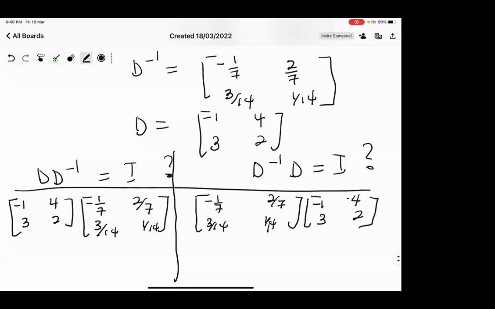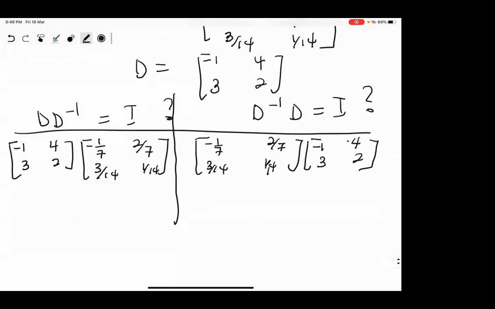Check if these two multiplications will give us the identity matrix. Check if D and D inverse are inverses of each other, or if truly D inverse is the inverse of matrix D.